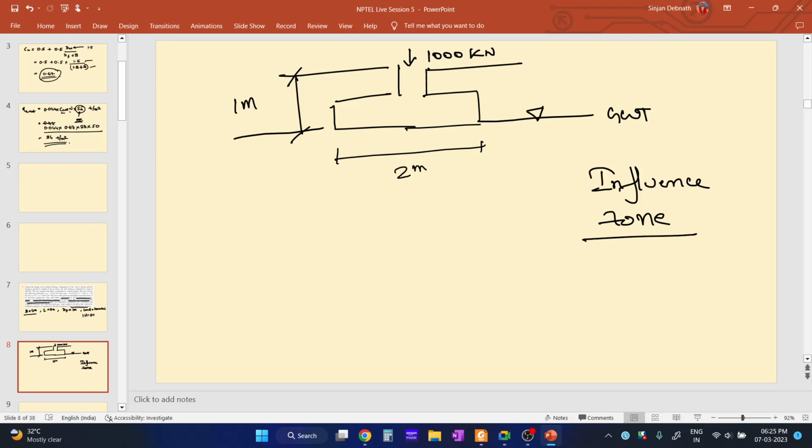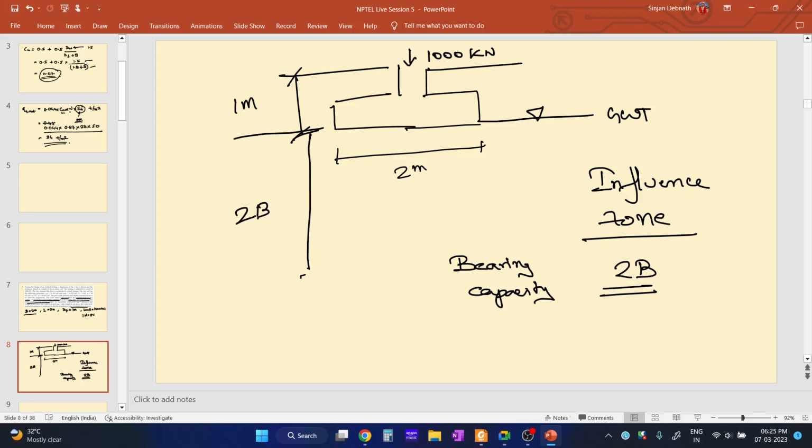So the influence zone for bearing capacity problems, in order to find bearing capacity or bearing pressures, for those types of problems, the influence zone is 2b below the base of the footing. That means from here to somewhere over here, 2b.